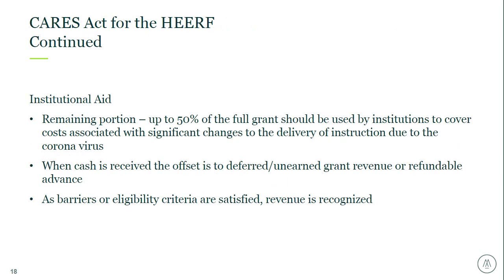For institutional aid, the remaining portion, up to 50% of the full grant, should be used by institutions to cover costs associated with significant changes to the delivery of instruction due to the coronavirus. Funds can be spent only on those costs for which there is a clear nexus to instruction delivery changes due to the coronavirus.